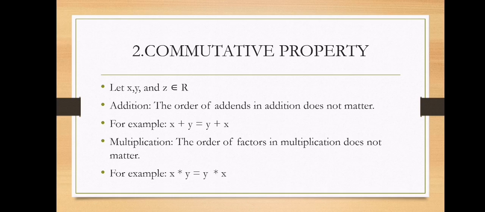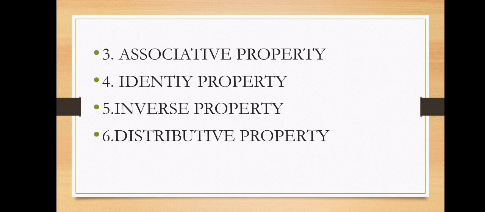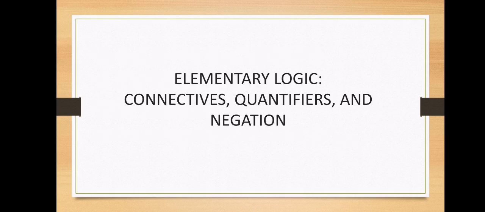So, in multiplication, pareho din sa addition, the order of factors in multiplication does not matter. So, X times Y is equal to Y times X. So, we have some properties: associative property, identity property, inverse property, and distributive property.